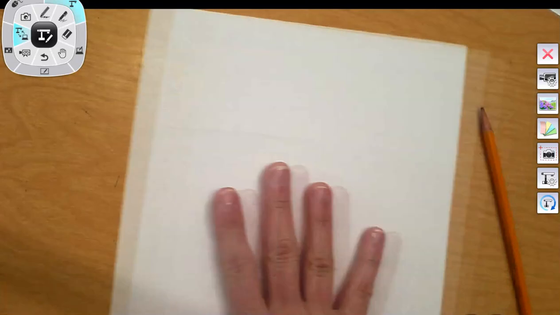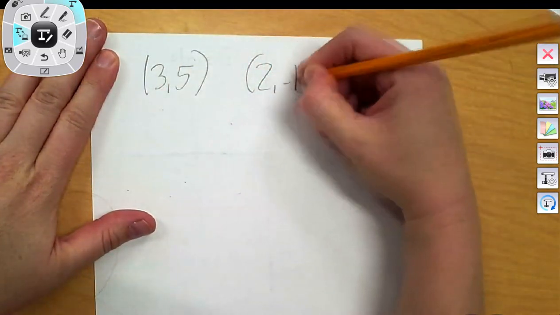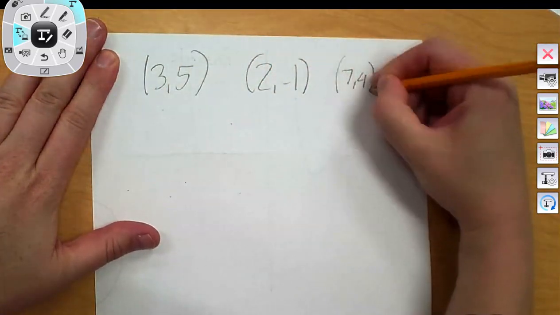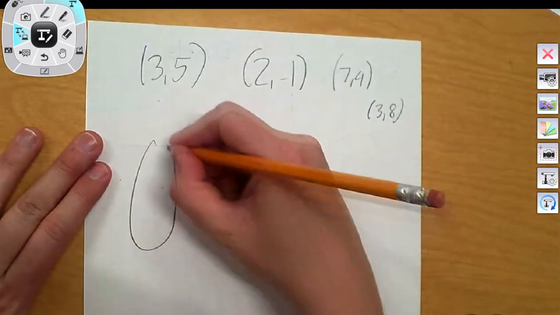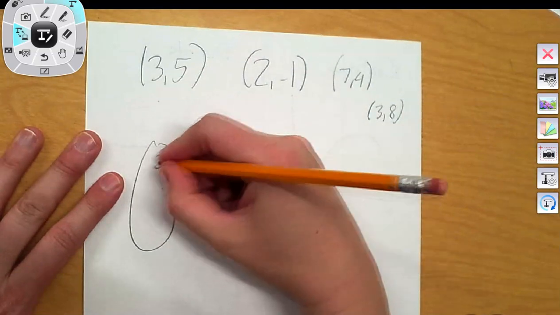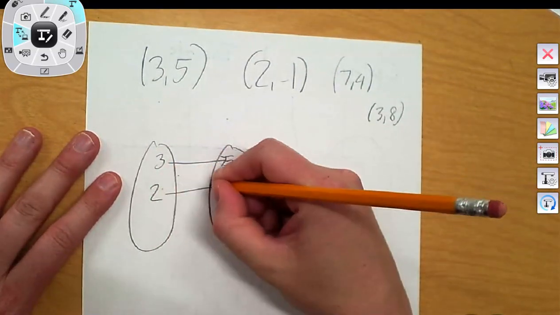Okay, the next thing we're going to talk about is mapping graphs and tables. So if you have the numbers 3, 5, 2, -1, 7, 4, and 3, 8. A mapping, you have the ovals, and you're like, okay, here's 3, here's 5, arrow. Here's 2, here's -1, arrow.